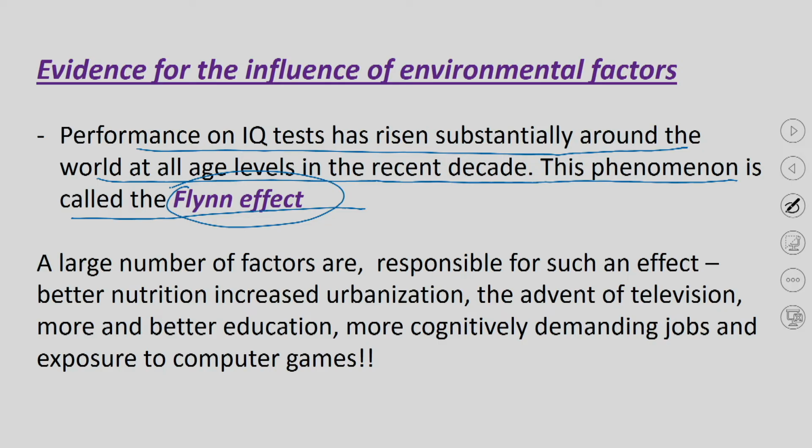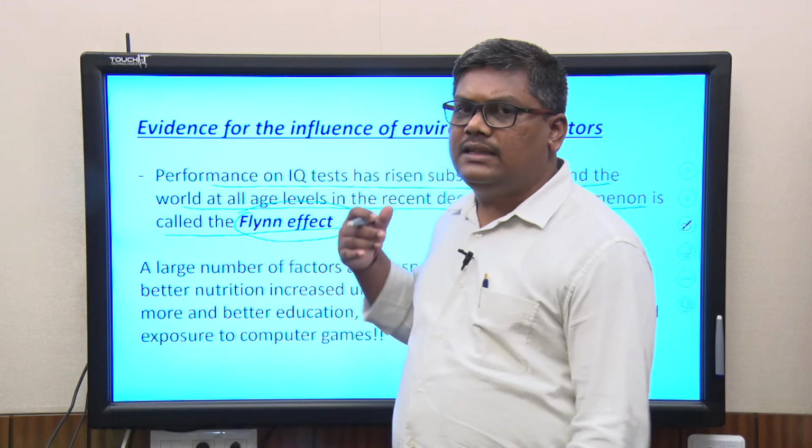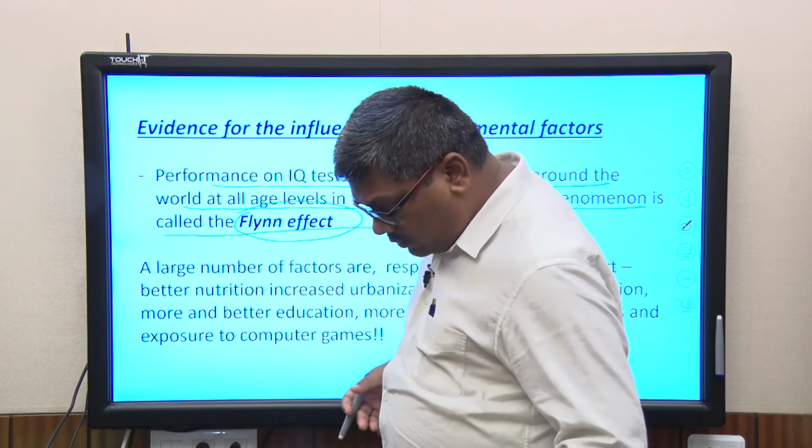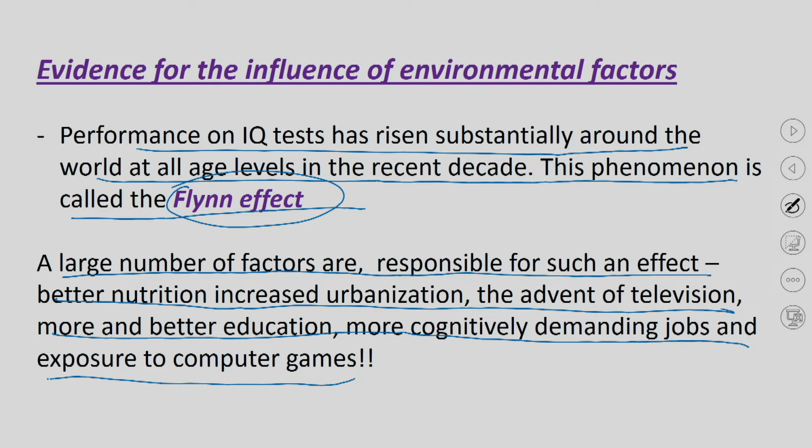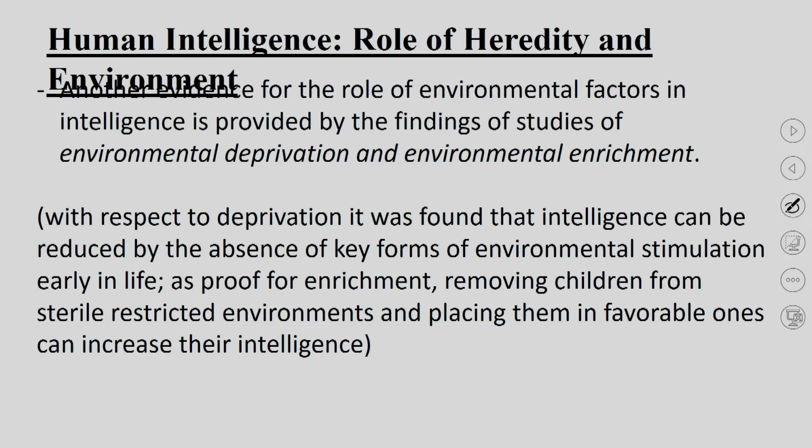They can operate phones and do so many things that you at your age could not do. That is the Flynn effect. A large number of factors are responsible: better nutrition, increased urbanization, the advent of television, more and better education, more cognitively demanding jobs, and exposure to computer games. These are the reasons why the Flynn effect comes into place.